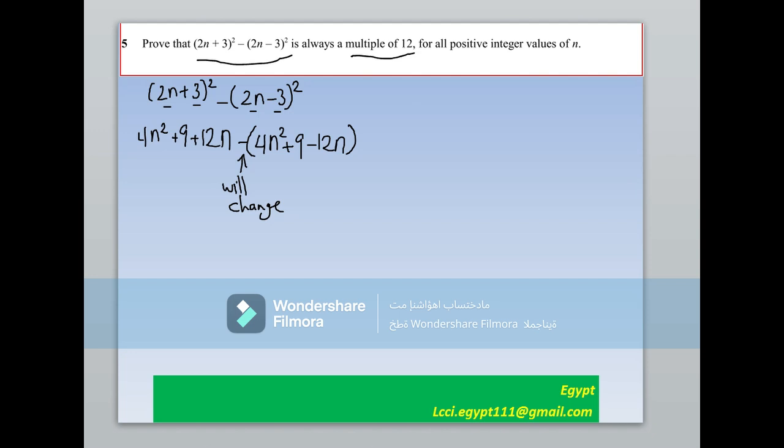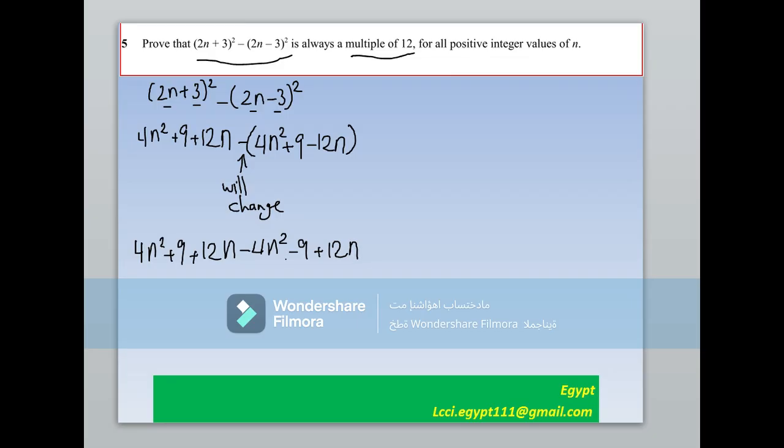The negative sign will change. Please rewrite carefully. The negative will change the first term, it will be negative 4n squared. The second term will be negative 9. The third term will be positive 12n.